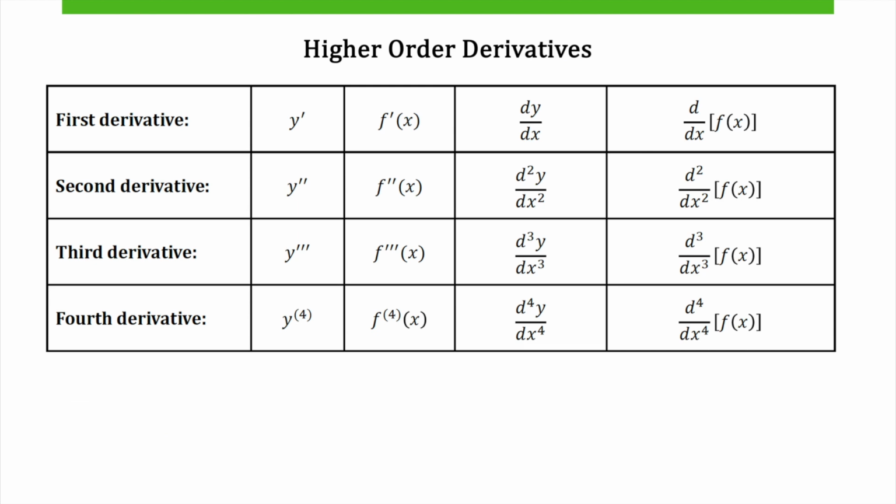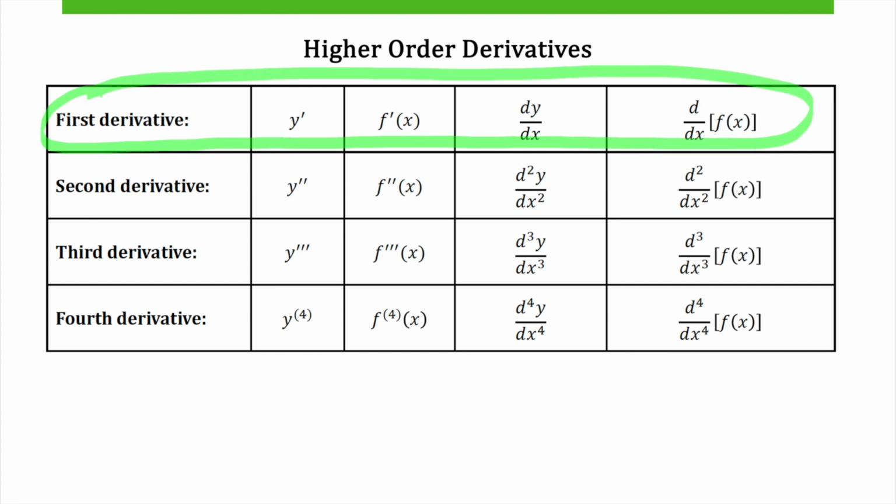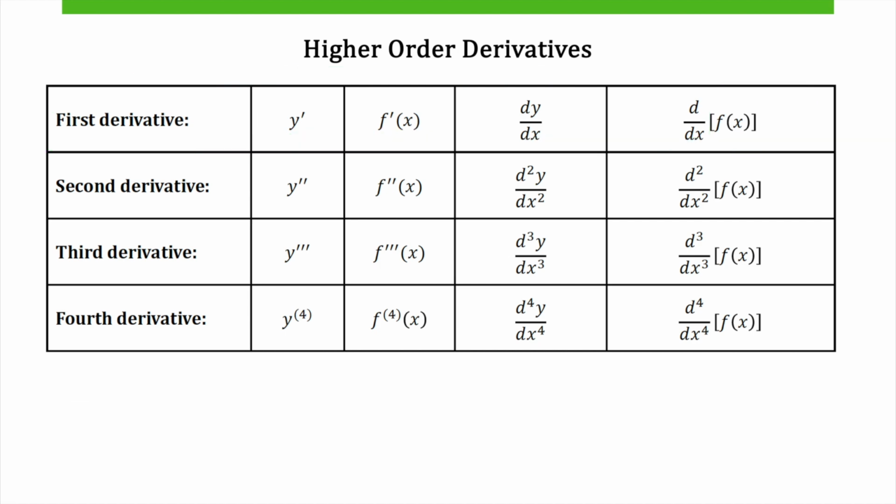You will be excited to know that you can take the derivative of a derivative. So we've been hanging out here in this first derivative. And in this top line, y prime, f prime of x, dy dx, derivative of a function, those all mean the same thing. If I have a function y and I take the first derivative, I get y prime.